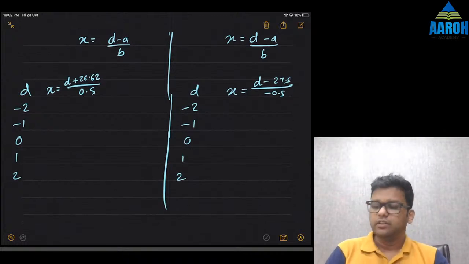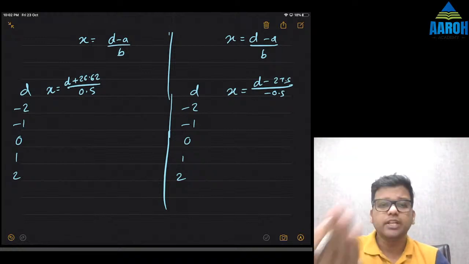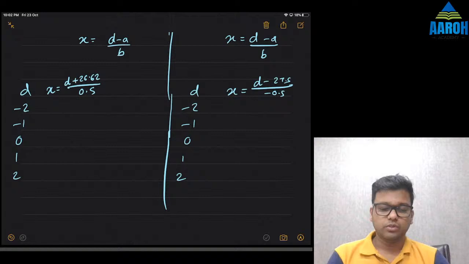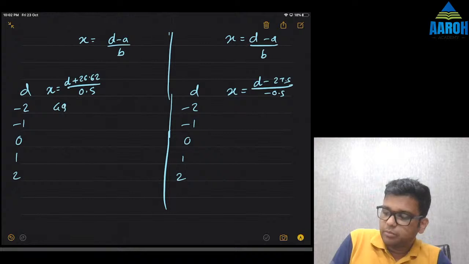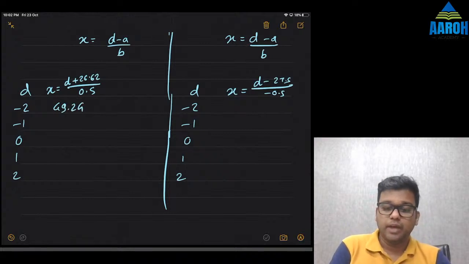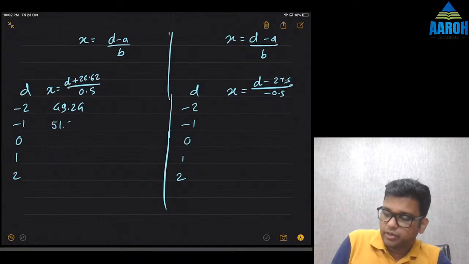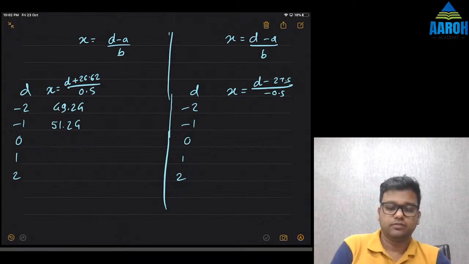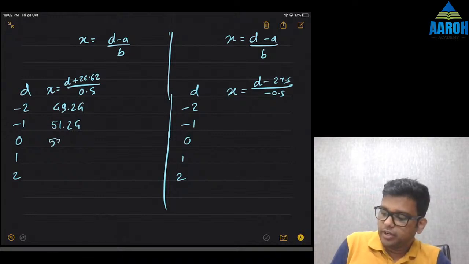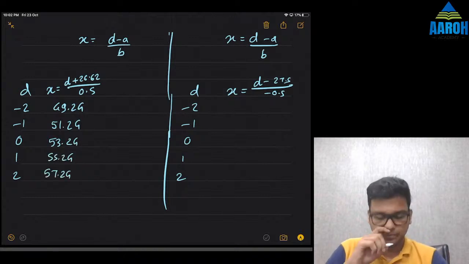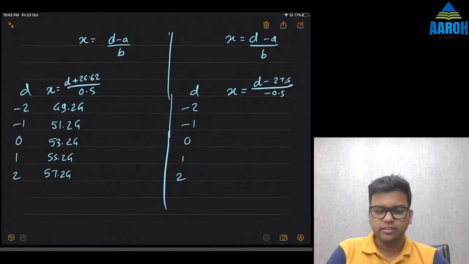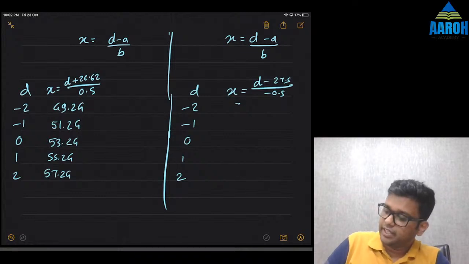Let's check the first one. Let's convert every d using d plus 26.62 upon 0.5. So minus 2 plus 26.62 upon 0.5 is 49.24. Minus 1 plus 26.62 upon 0.5 is 51.24, then 53.24, 55.24 and 57.24. Check. And in the second case it will be minus 2 minus 27.5 divided by minus 0.5, that is 59.